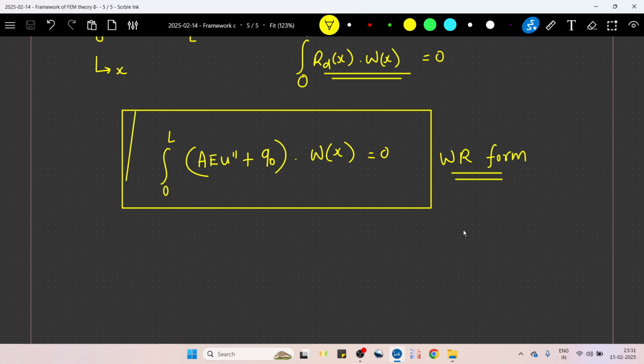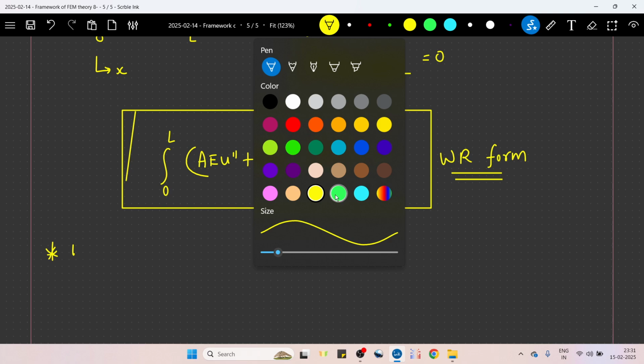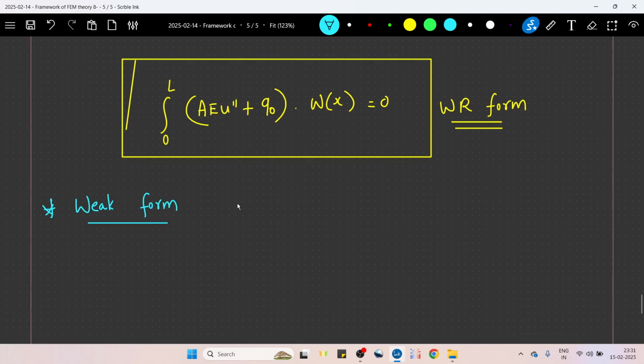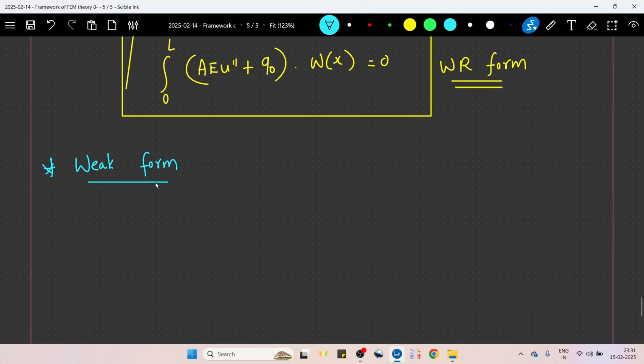Okay. So once we get the weighted residual form, we'll derive the weak form. So now we are moving to the weak form. We'll continue from this weighted residual form to derive a weak form. So this is our weighted residual form.